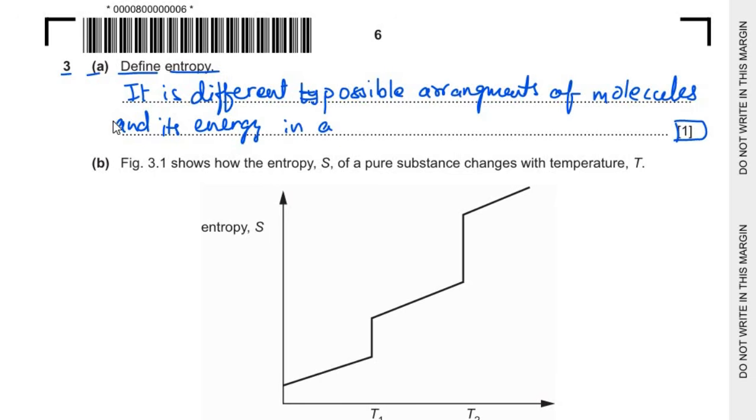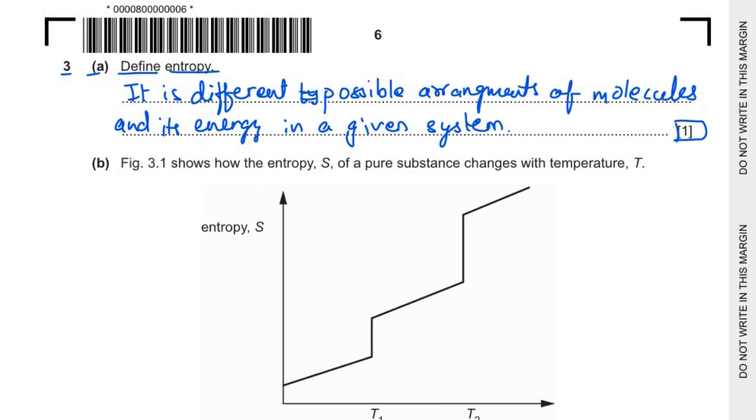You can write molecules and its energy in a given system. Now most of the time, given system means it can be either a solid, liquid or a gas, or you can also consider it as a reaction in which one of the species is changing to another species. That is also possible. So define entropy, but in a reaction, in that case we'll be finding the change in the entropy.